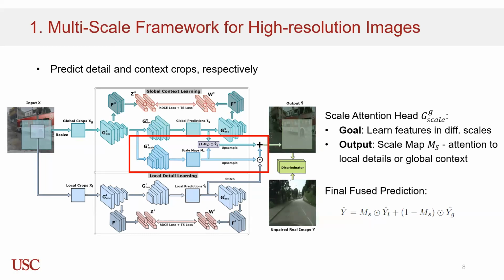And to fuse the local and global predictions better, we also have a scale attention head, which is used to learn the features in different scale, and the output of this scale attention head is the scale map. And the scale map will tell us the attention to local details or global context. Then we have the final output prediction, which is produced by the local and global predictions and the scale maps.